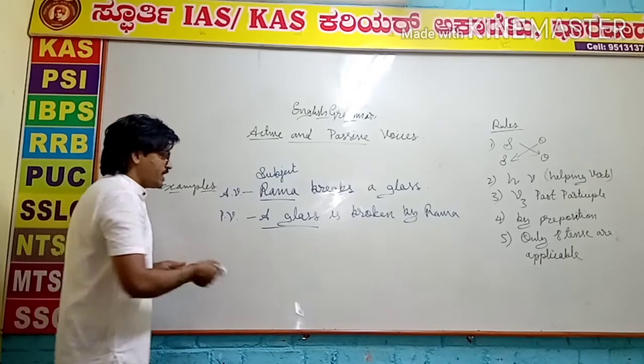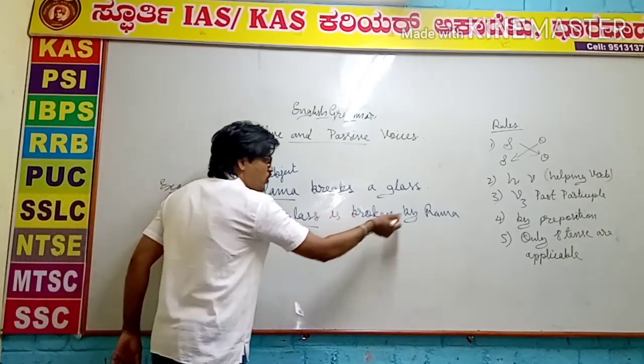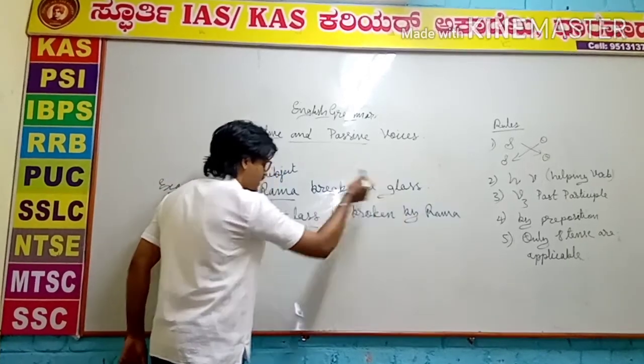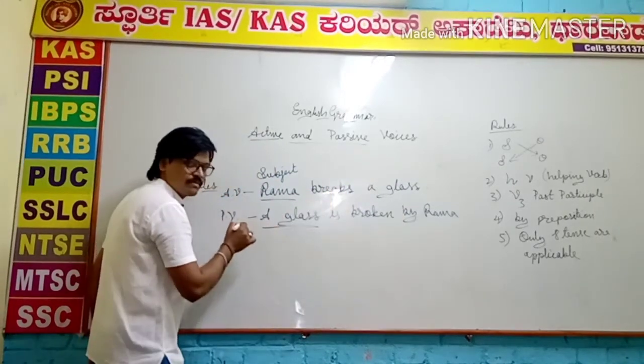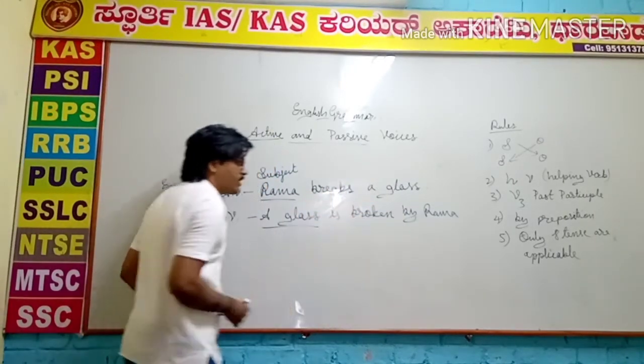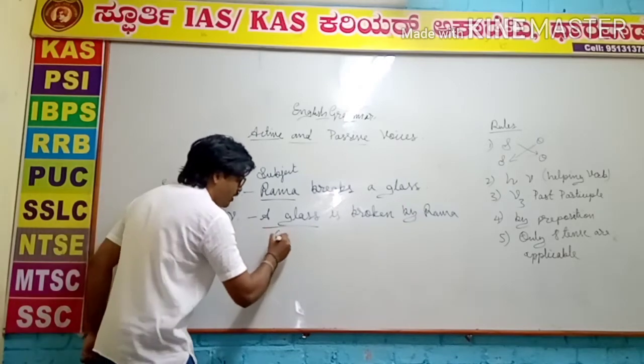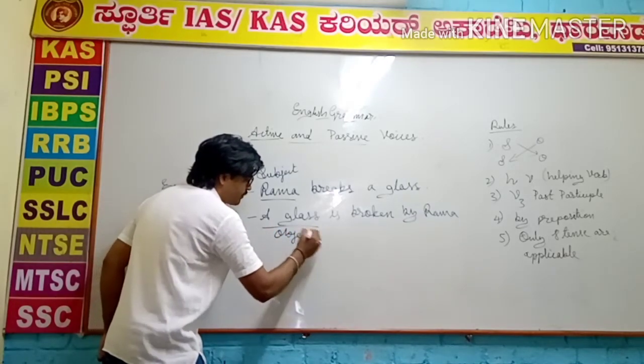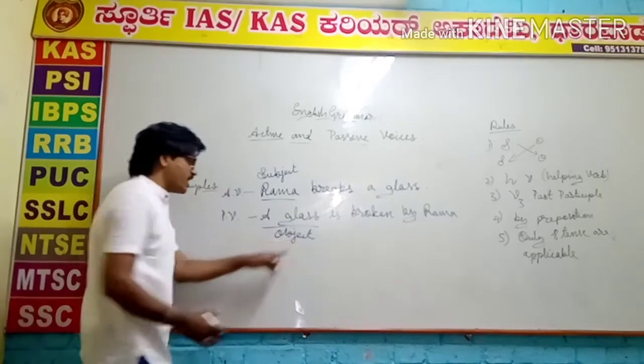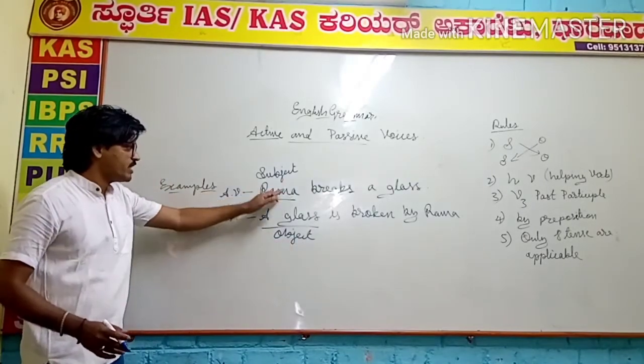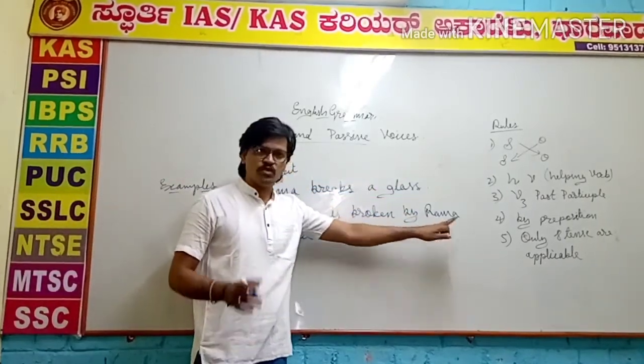Clear now? Second sentence, a glass is broken by Ram. So a glass comes here. Here we are giving importance to what? The object. It means the object comes in subject position and the subject goes to object position.